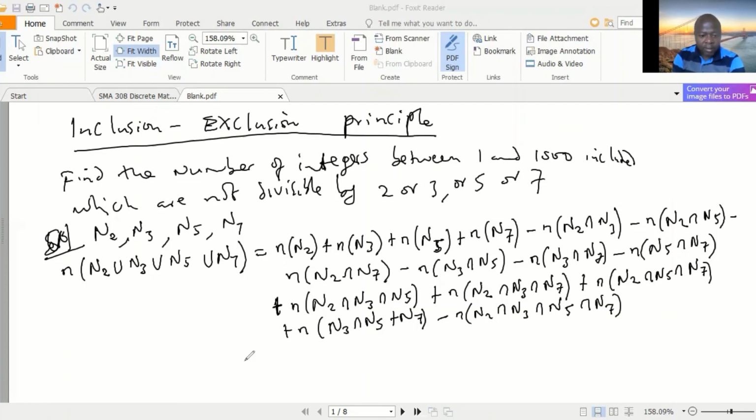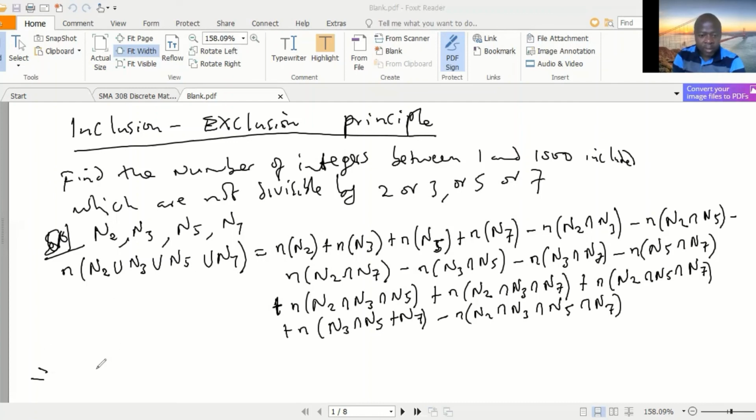Now, the answer is, this will give us the number of elements that are divisible by any of these: divisible by 2, plus those divisible by 3, plus those divisible by 5, plus those divisible by 7. Then we subtract that from 1,000 to get those which are not divisible.